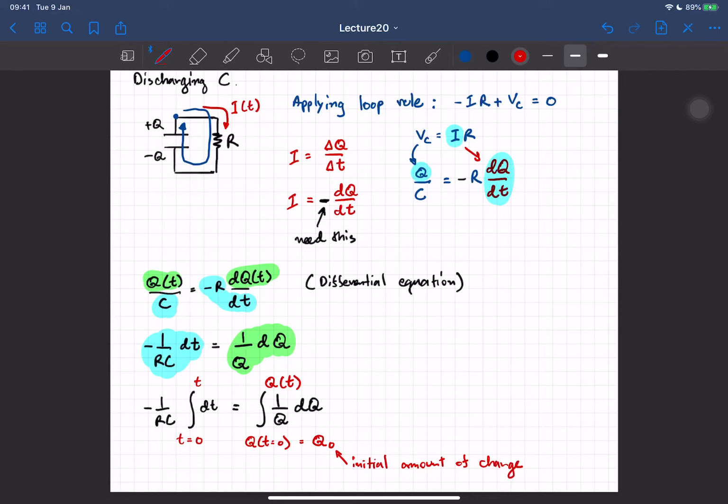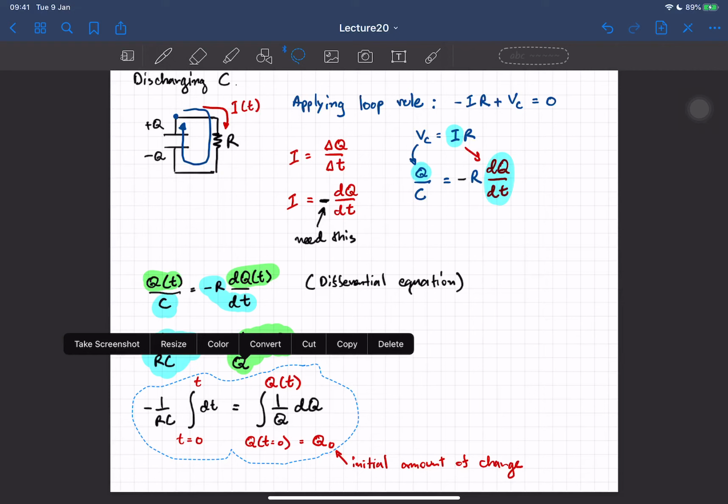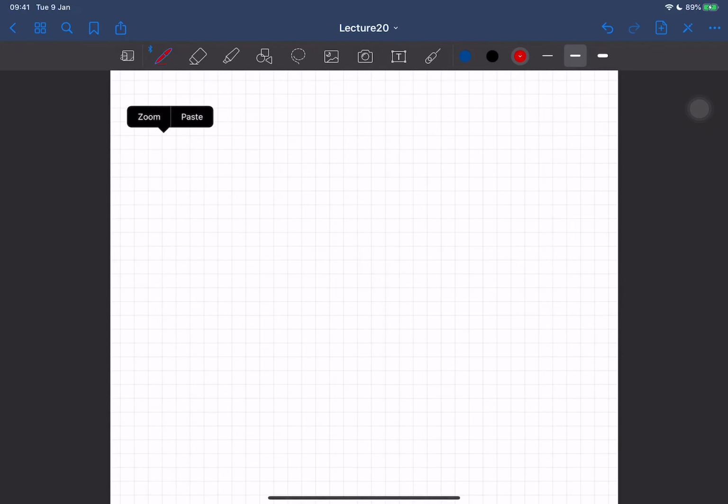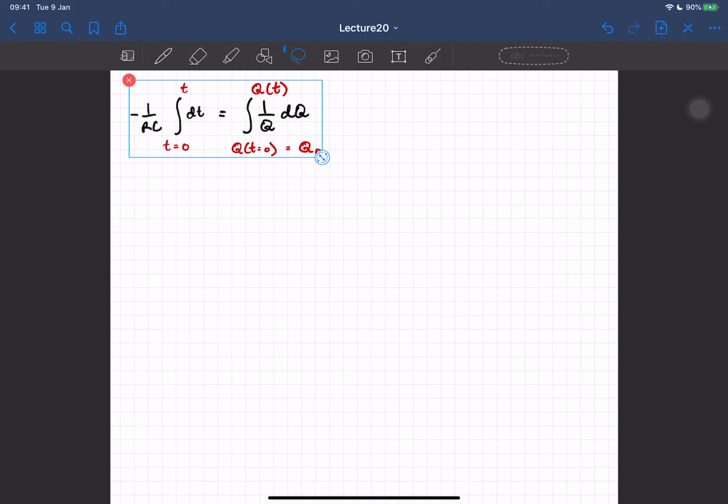So let me copy this so that you see. So go to the next page here.